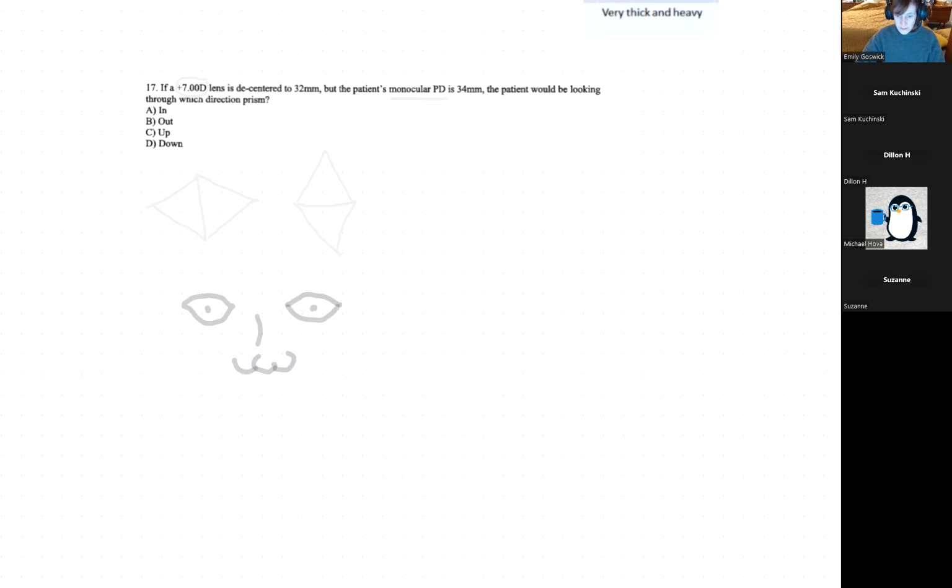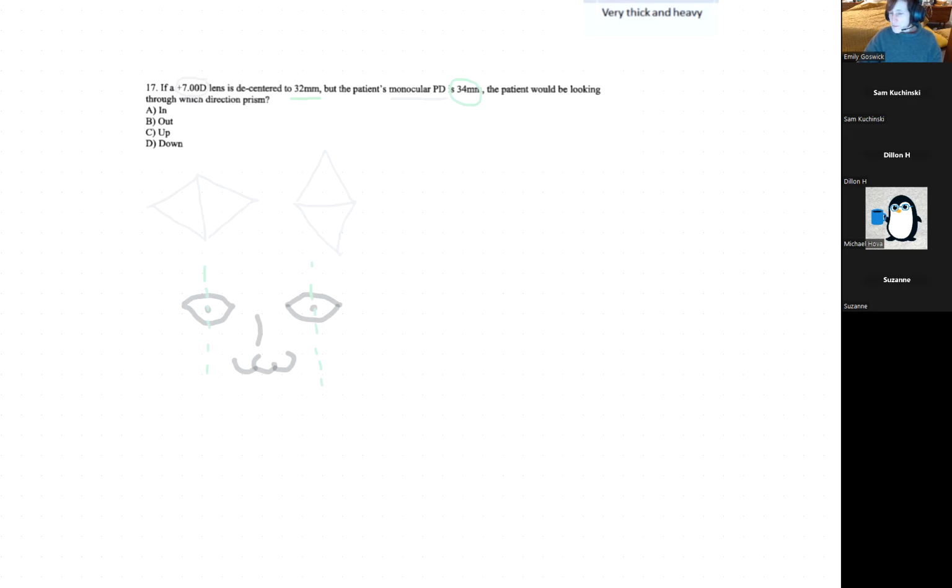So ideally, what I like to do is draw where the lens should be going, right? So if the patient was correctly centered with the lenses, we have on the green line where the center pupil is, and that would be their PD, which is actually 34, right? So basically, what we know though is that it was decentered some and it was done to 32.